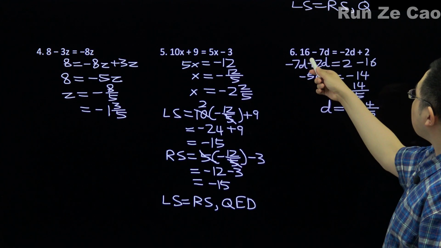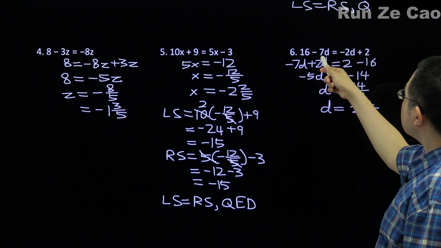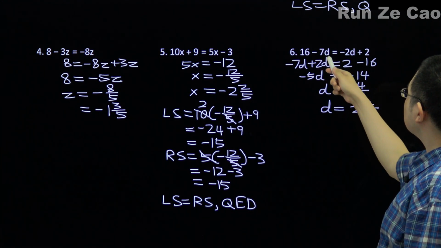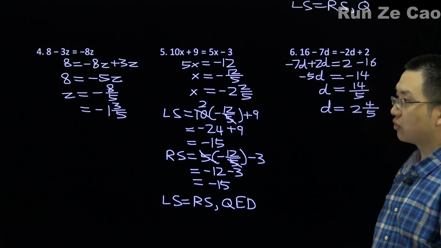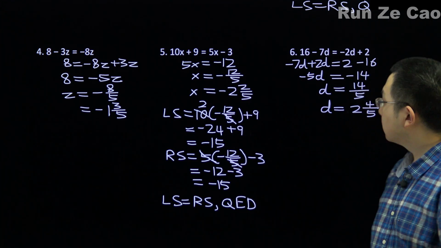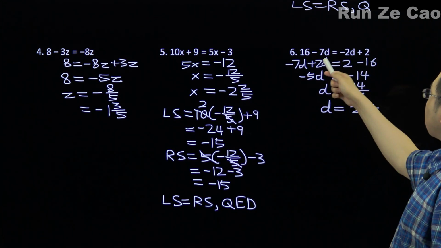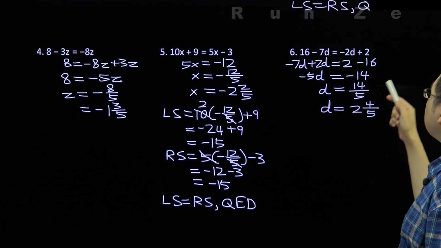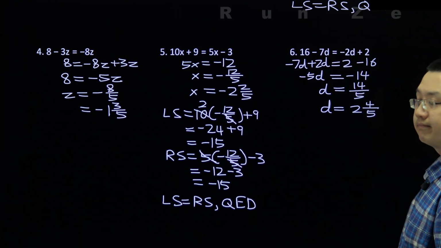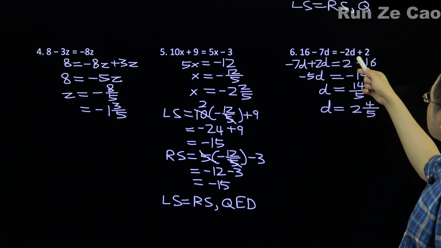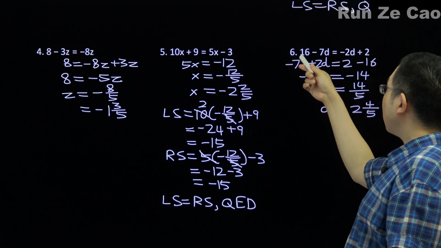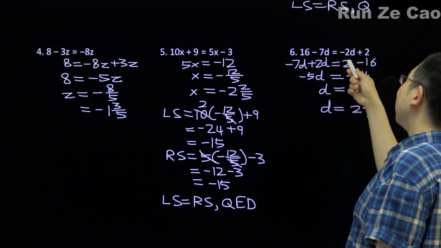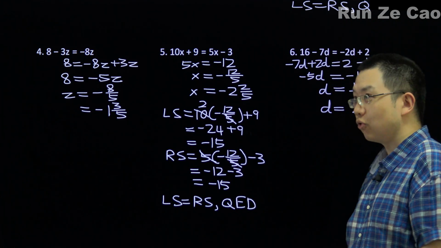So you end up with 14 plus 2d in this bracket that used to be 7d. Which means you get 16 minus 14 minus 2d equals negative 2d plus 2. So in other words, 2 minus 2d equals negative 2d plus 2.